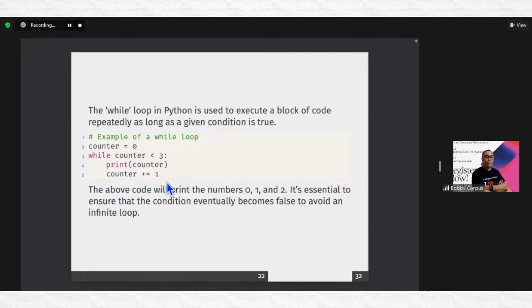For example, you have to first initialize your counter or variable outside, and then make sure that you increment your counter inside, otherwise you'll have an infinite loop. But anyway, the important thing here is its syntax. So Python is really very simple.